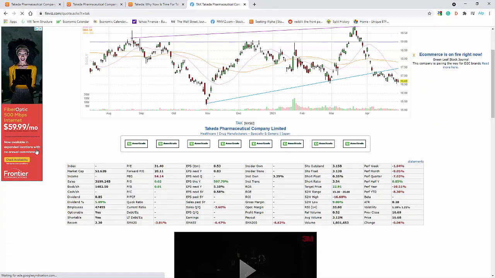Looking at other values, there's the sales and book per share. This number looks pretty crazy, so I'm guessing that's probably in Japanese yen, and 100 yen is approximately $1. So I would say the book per share price is around $14, assuming that's what it is, which is pretty close to what it is.